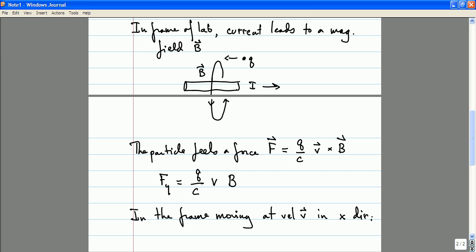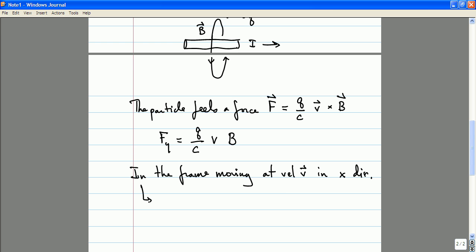In particular, I'll take velocity v moving to the left. So in this frame, the particle is at rest. And so, if the particle is at rest, it will feel no magnetic force.